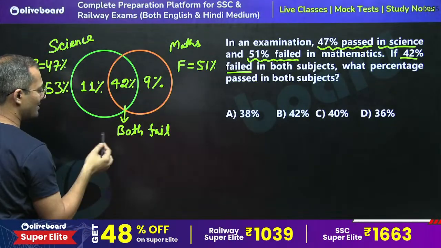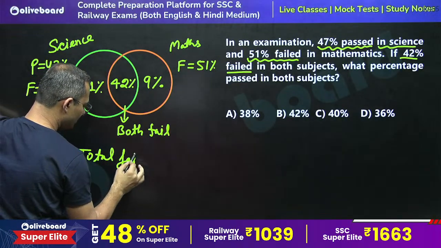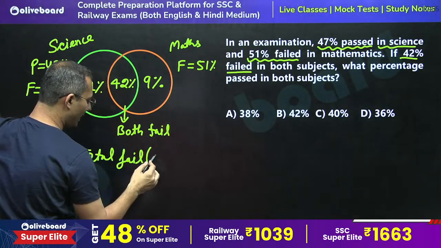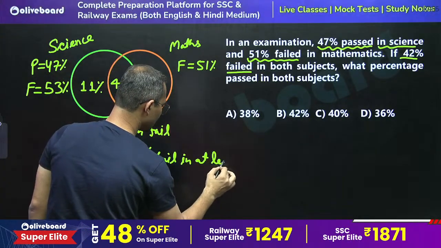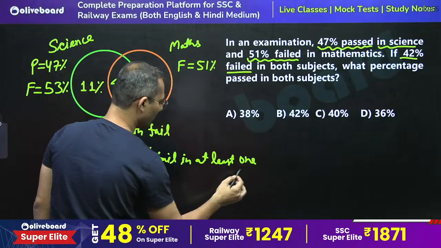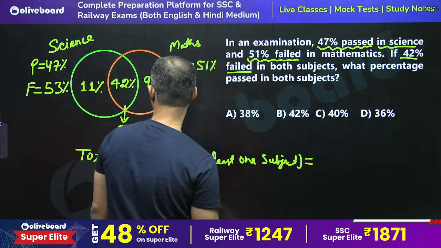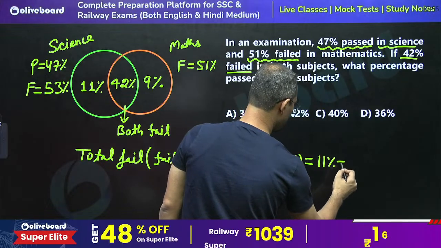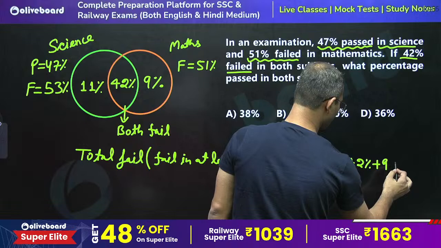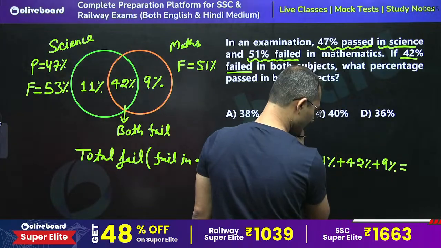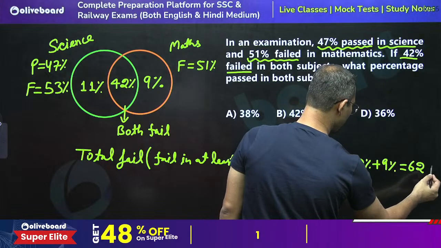So we can say the total fail, meaning fail in at least one subject, is equal to 11% plus 42% plus 9%. So total is going to be what? 11 plus 9 is 20, so this is 62%, right?